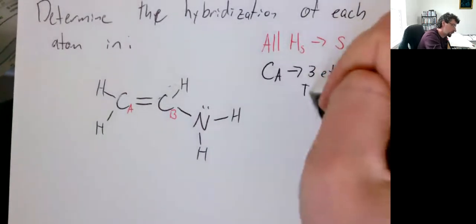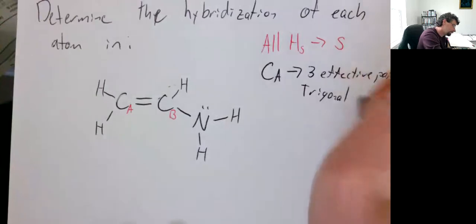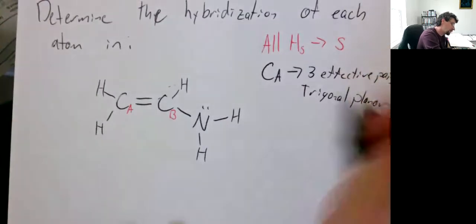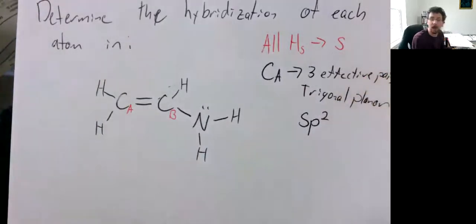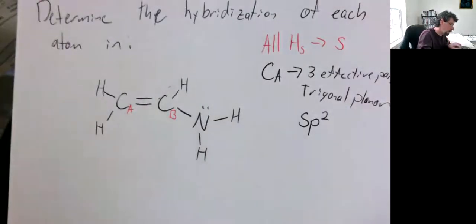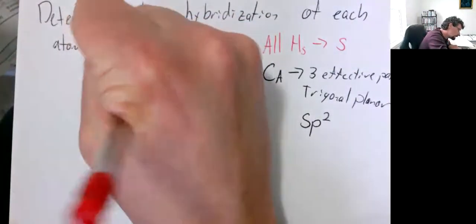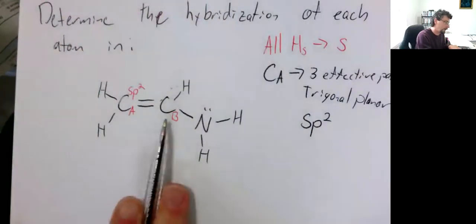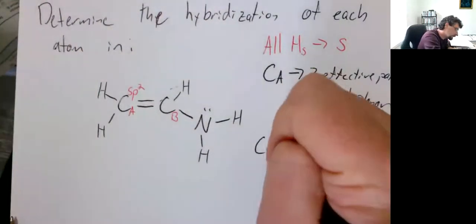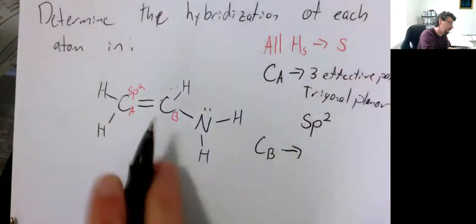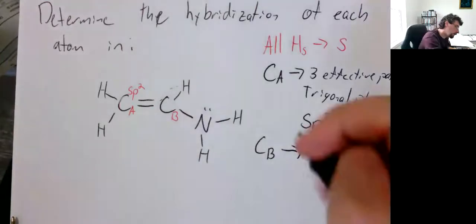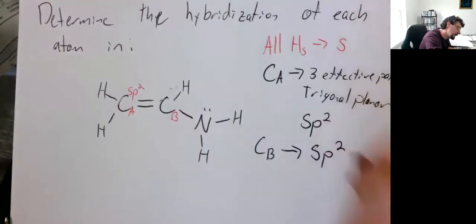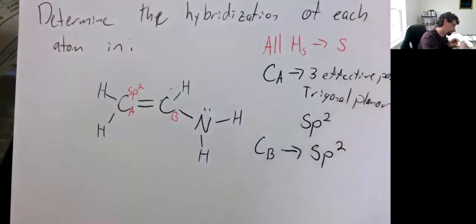We know that means a trigonal planar electron pair shape, which also means that we have an sp2 hybridization. So this carbon right here is an sp2 hybridized carbon. Carbon B, if we look at that one, we do have this hydrogen sitting up there, 1, 2, 3, 3 effective pairs. We're going to have the same situation. It's an sp2 hybridized carbon.